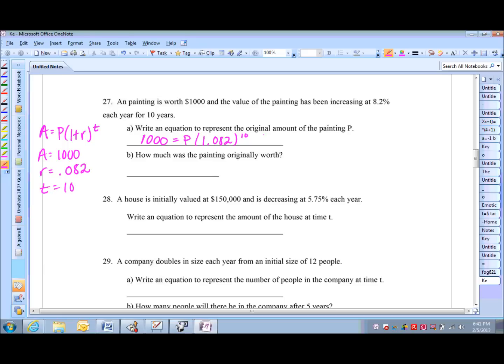In part B, they ask us how much the painting is originally worth. So we're going to go to our calculator, and what we're going to enter to solve for P, we're going to take 1,000 and divide it by 1.082 raised to the 10th power.